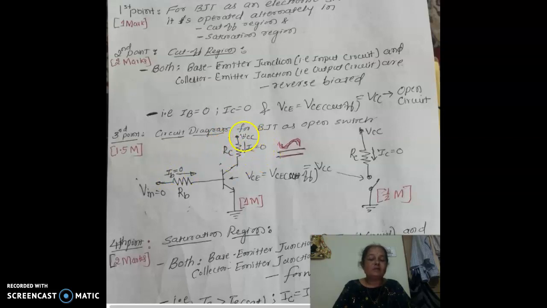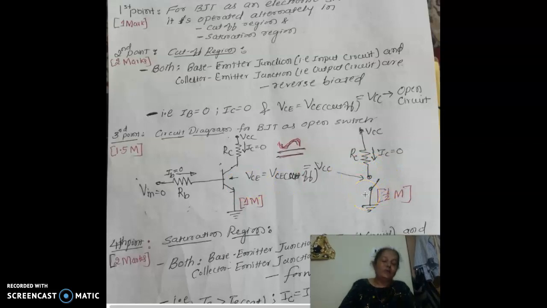If IC is 0, the whole of the voltage will drop from the collector to ground. Ground is nothing but the emitter, so between collector and emitter the voltage is VCE, and that is equal to VCC. Because voltage is there between the two ends, there is an open circuit. So the transistor acts as an open circuit switch.